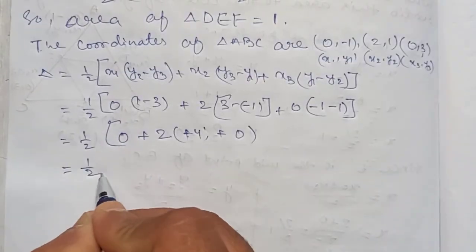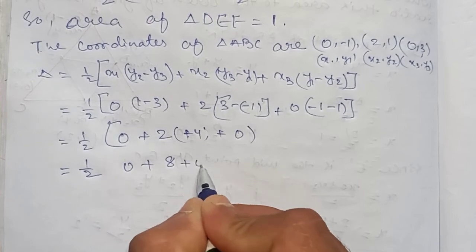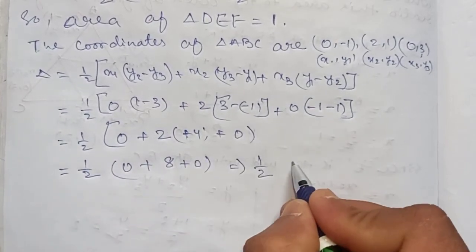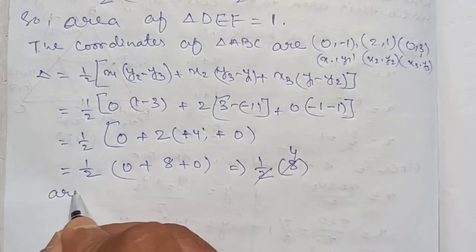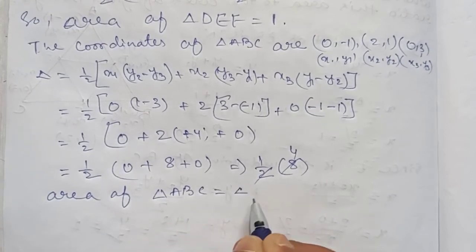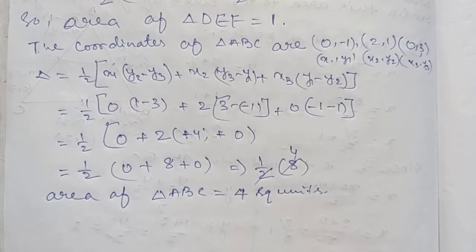So we got half of 0 plus 2 times 4, that is 8, plus 0. 8 plus 0 is 8, half of 8 is 4. So the area of triangle ABC is 4 square units.